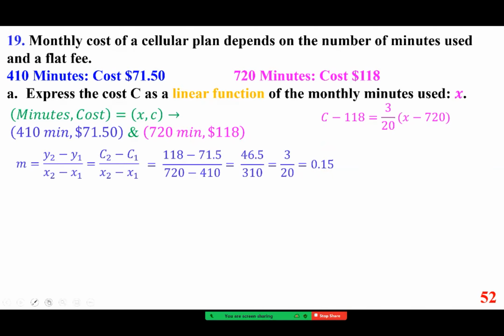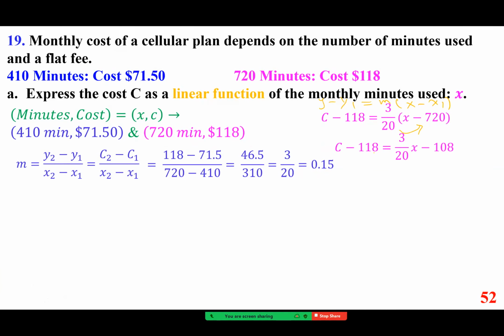So if it helps, again, like I said, you can always keep it as y. So y minus y1 equals m times x minus x1. All right. So what we are doing is c. So you can stick with y and change it. So when we plug in and we distribute the 3 over 20, we end up with c minus 118 is 3 over 20 times x minus 108.